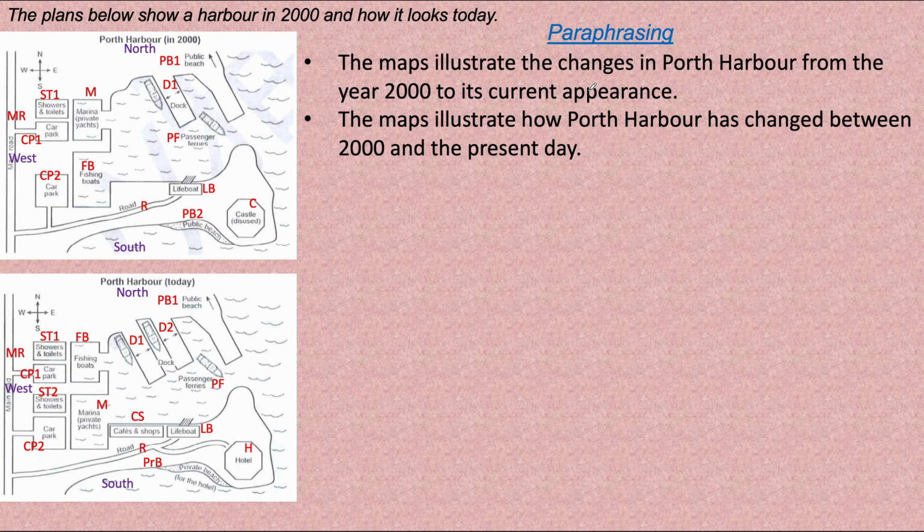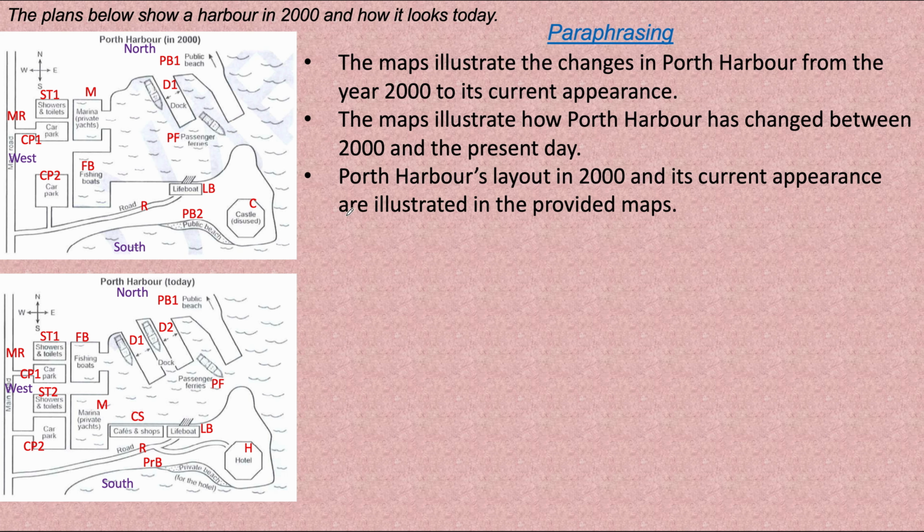Here is another way to paraphrase the question. Here we have made some changes in the sentence structure by using this phrase, how Porth Harbour has changed. And there are some synonyms that we have used as well. In this case, we have used passive voice to paraphrase the question.